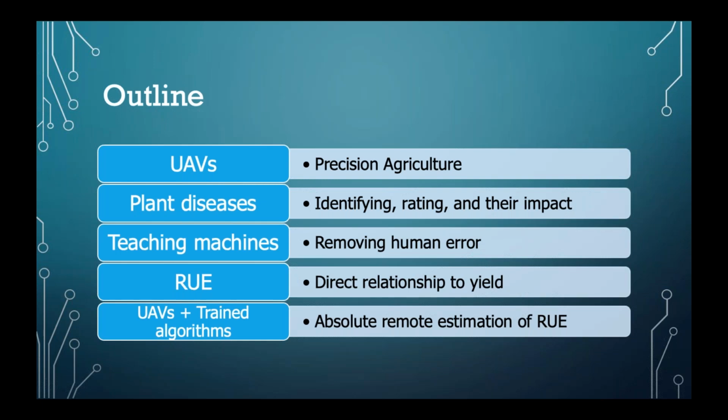We'll talk about this parameter called RUE, that stands for radiation use efficiency, also known as light use efficiency. And then we'll look at bringing all these things together, UAVs and algorithms and maybe some other forms of remote sensing to move towards the absolute estimation of RUE.